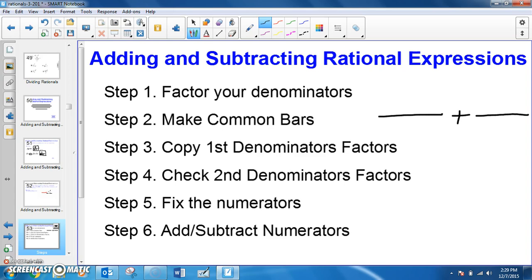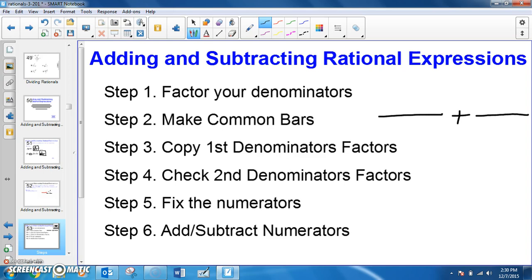So in steps 3 and 4, we are finding out what our least common denominator is by taking the factors in our first fraction and putting them in our common bars. Then we have to take the second denominator's factors and check to see if they are already in the common bars.